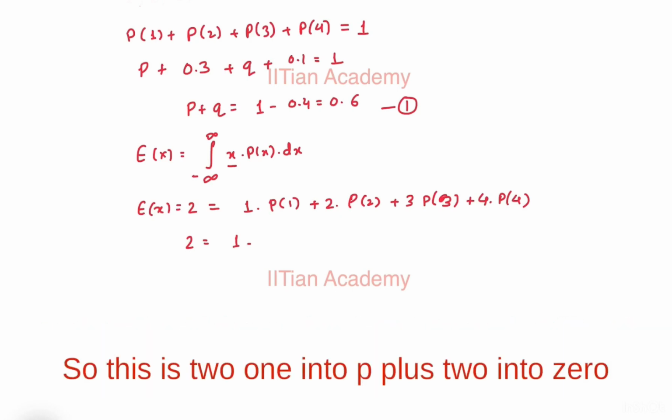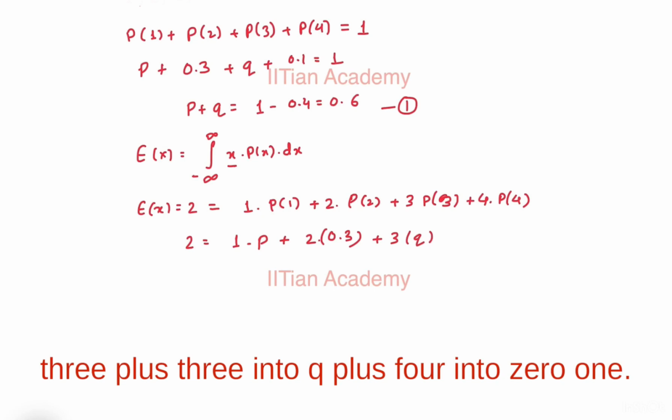So this is 2 equals 1 times p plus 2 times 0.3 plus 3 times q plus 4 times 0.1.